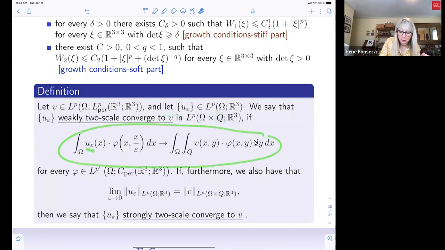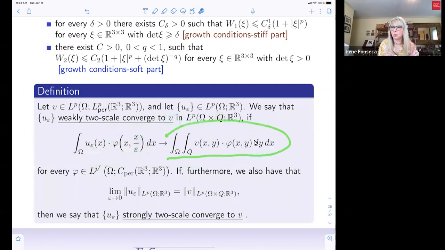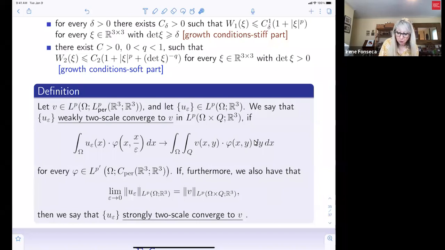So when you multiply U epsilon with test functions which oscillate very fast on that variable, you now get the fast variable. Okay, and we also say that you have strong two-scale convergence if, in addition to this, the LP norms converge to the LP norm.